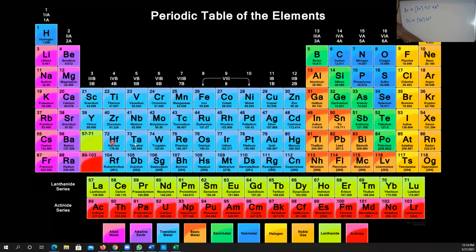Now, because I'm looking specifically at osmium, I know that I'm going to be filling all of the electrons in my F block here. Okay, and your F block is going to be numerically 2 principal energy levels lower than your S block. So because this is 6s, my F block is going to be in principal energy level 4. And I'm going to use all the electrons in principal energy level 4.